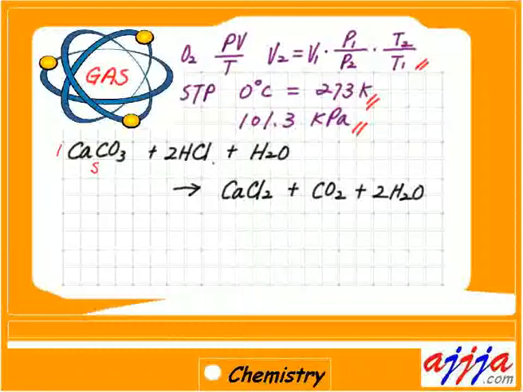Then you mix it at STP, standard temperature and pressure. Then we're going to have a reaction: calcium chloride, which is solid, then a gas, carbon dioxide, then water.